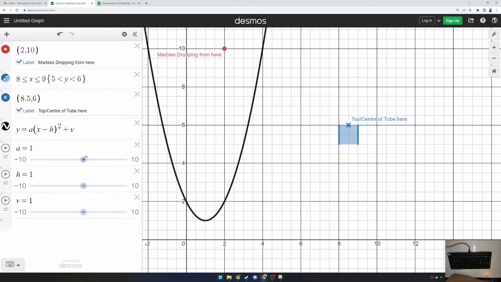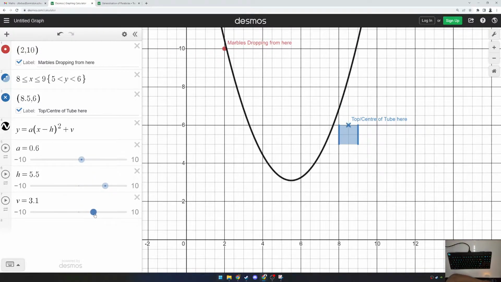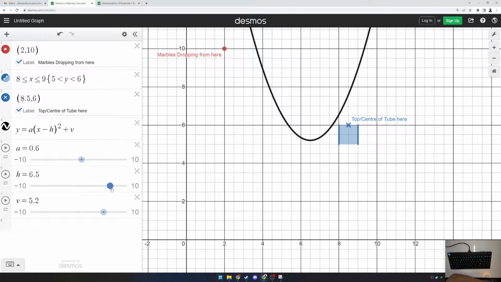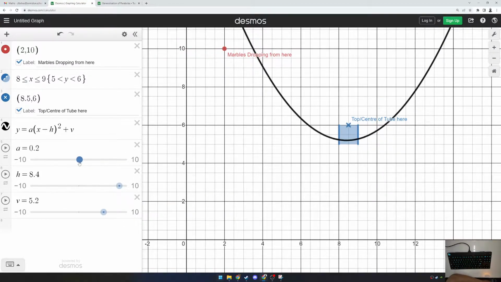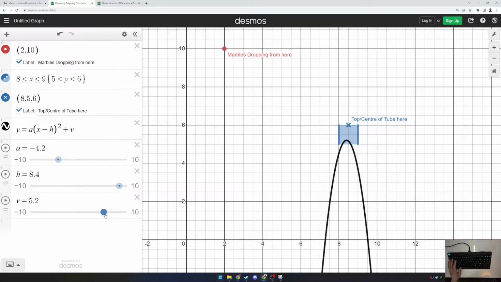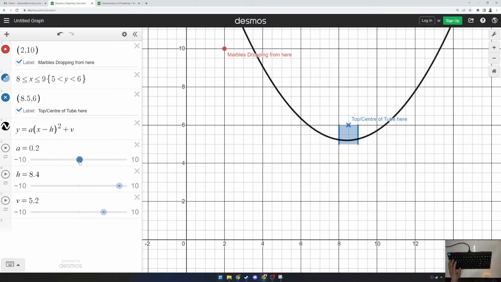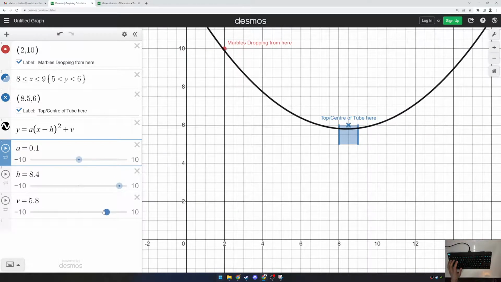What a lot of people have been doing is just using sliders to create a model that does your bidding. So maybe you do something like this, and then you start messing around a little more. Maybe you found that 0.1 is good, but then we need to move it up a little vertically.